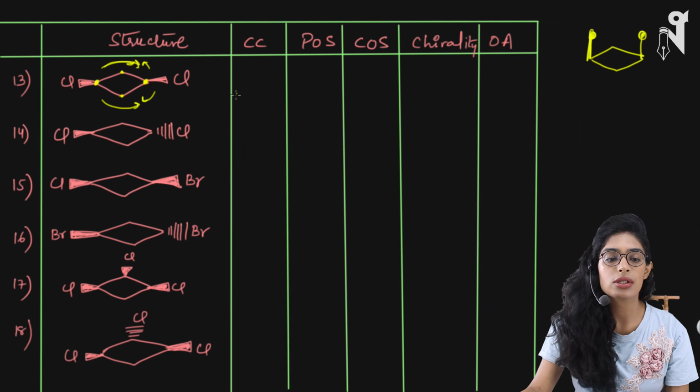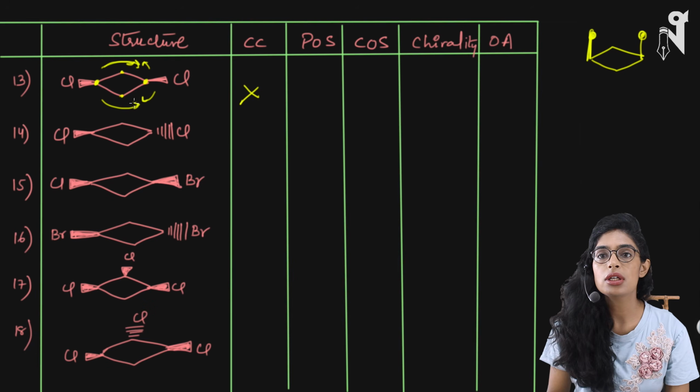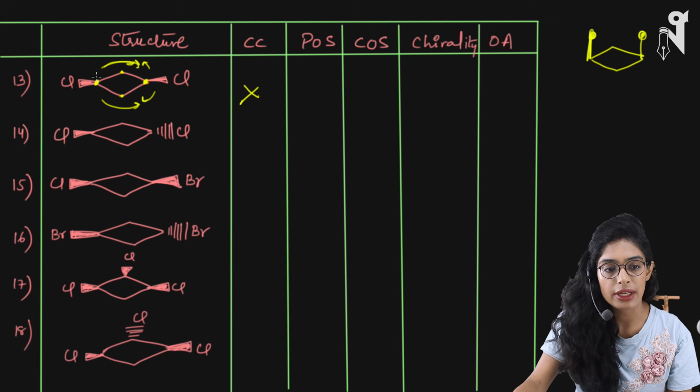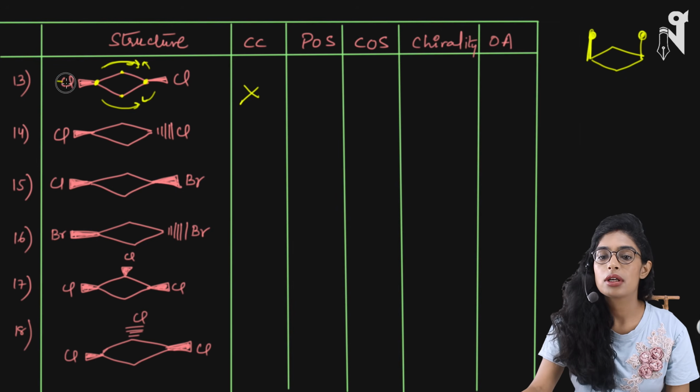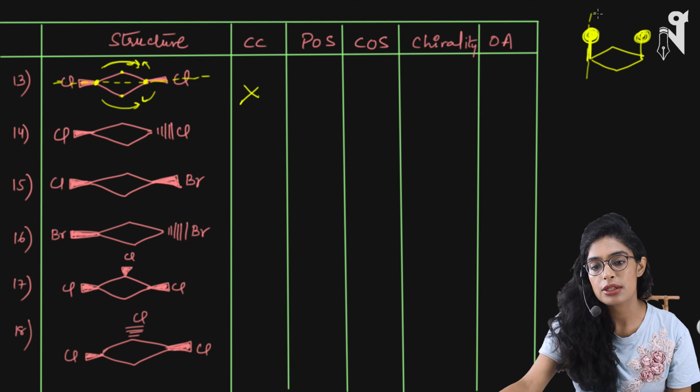Let's see if we have POS or not. For POS, as I mentioned that two of the chlorines are facing towards each other, I can cut it into two equal halves like this. Anything which, if I choose a plane which cuts these two balls into two equal halves like this, so basically I'm cutting it through the center like this.